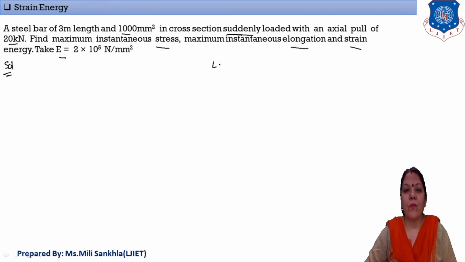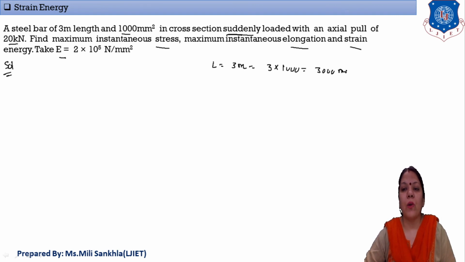First, L is equal to 3 meter, that means 3 into 1000 is equal to 3000 mm.